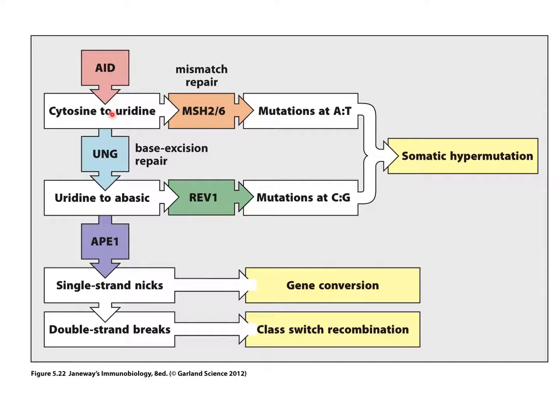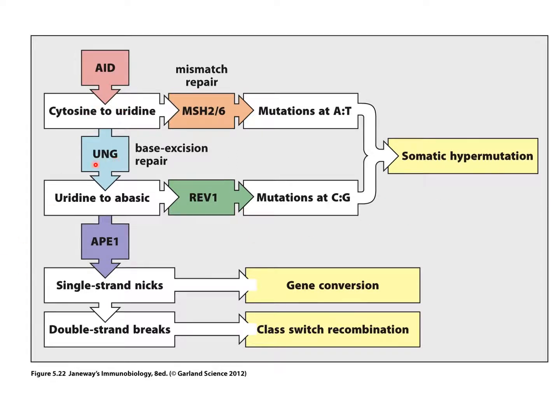Maybe what was CG is now AT, and you get a slightly different amino acid: somatic hypermutation, potential change in secondary, tertiary, quaternary structure. AID switches cytosine to uridine. You get base excision, uridine to abasic, Rev1, mutations, CG. Now it's flipped. What was CG is now GC: somatic hypermutation, potential.